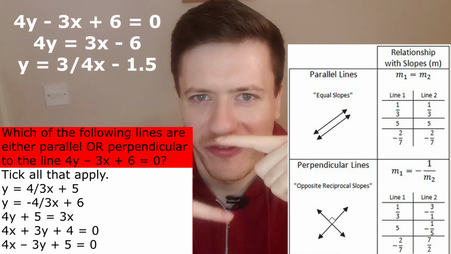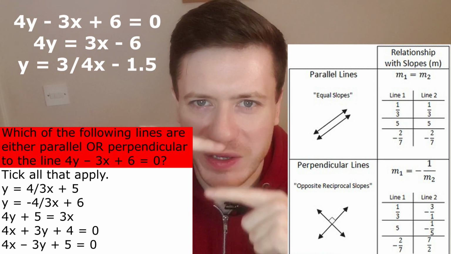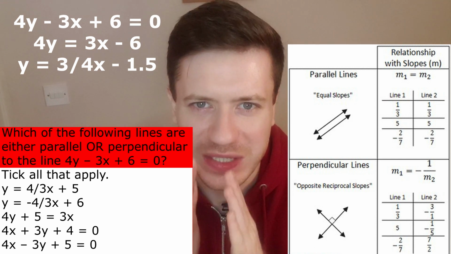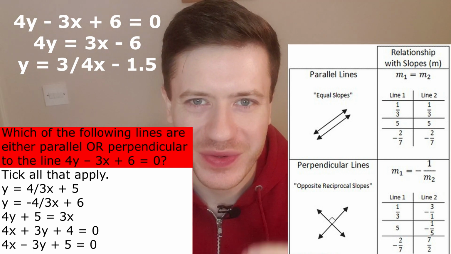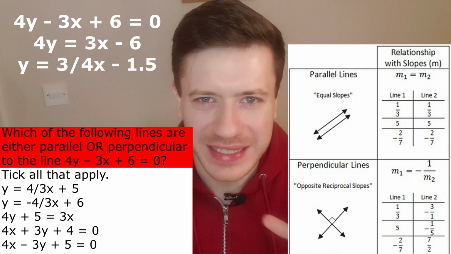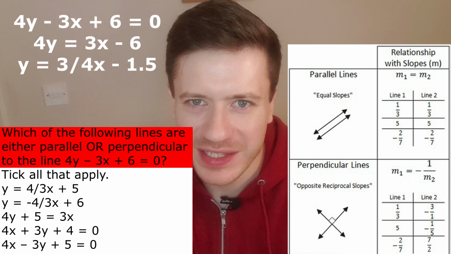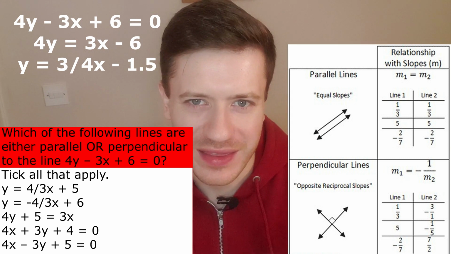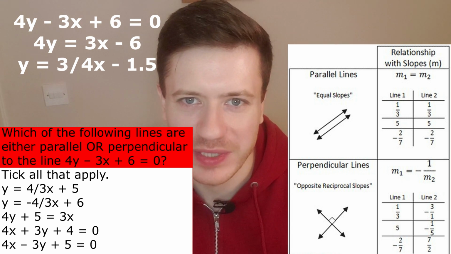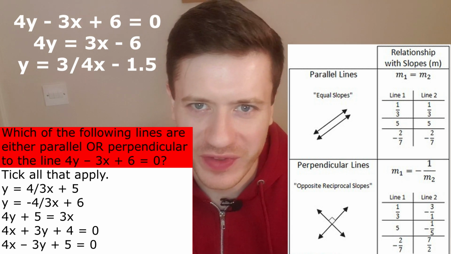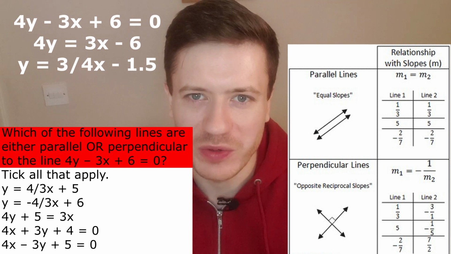It would be 4 over 3 with a minus, so minus 4 over 3. That's what you're looking out for to find a perpendicular line. I'm not going to go through all of them, but you should have found that the second line was perpendicular to our original line, the third line was parallel to it, and the fourth line was perpendicular. And the first and fifth were neither parallel nor perpendicular.